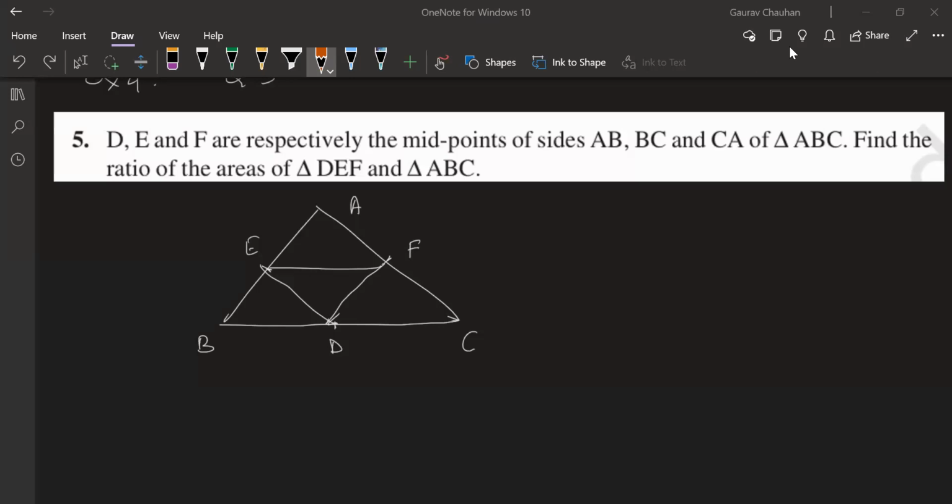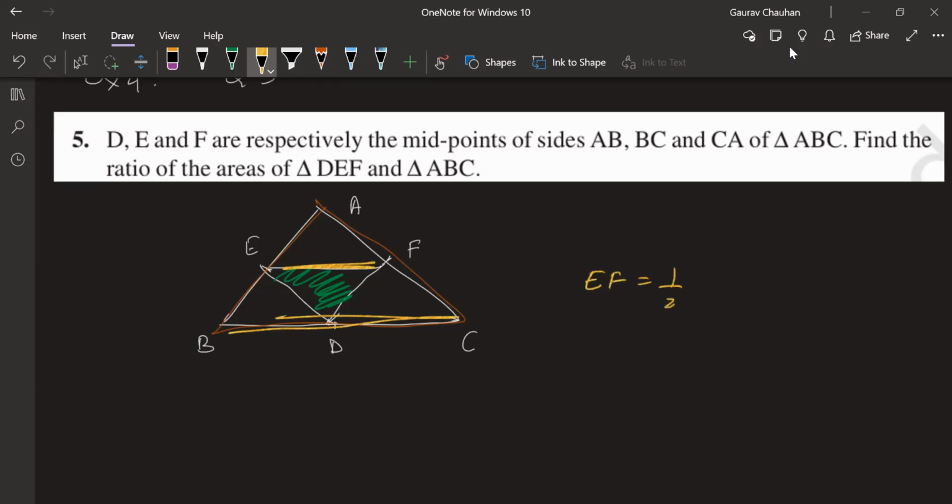And then once you show that this triangle is similar to the big triangle, the angles might not be exact, so maybe A will correspond to D and all, okay? So just watch that carefully. Once you do that, you will get the ratio easily, because EF is half of BC, no?